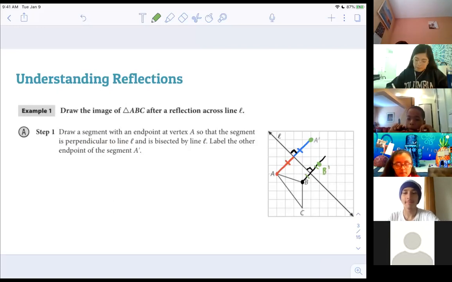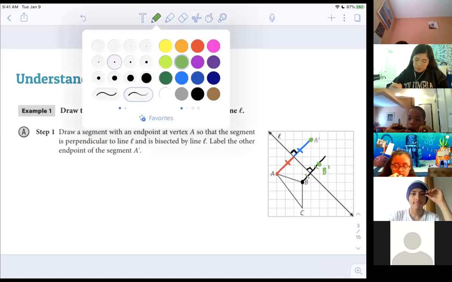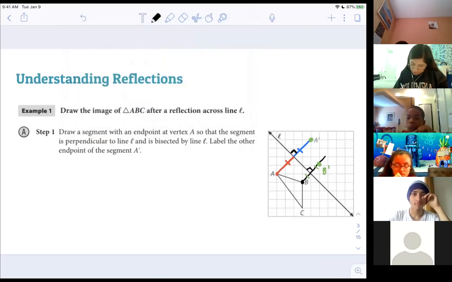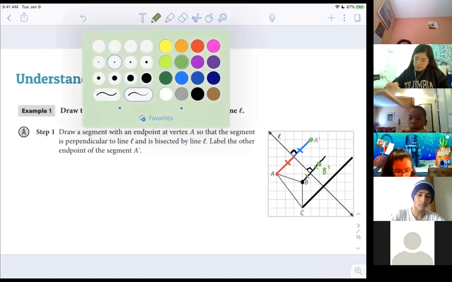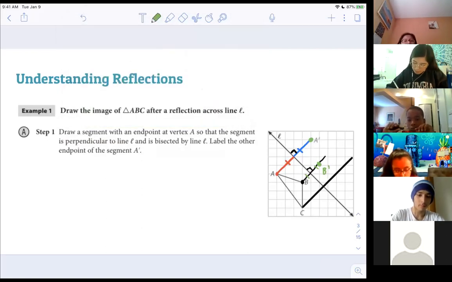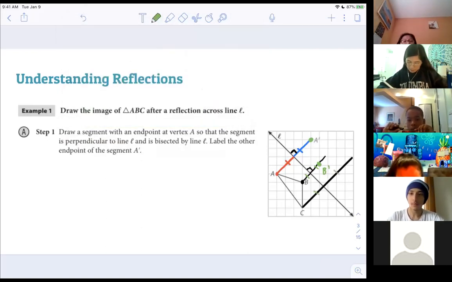Then I'm going to do the same thing with my last point. I'm going to draw a straight line that is perpendicular, and then I'm going to try to get it so that it's equal on both sides. To go from C to the middle, I want it to be just about the same.